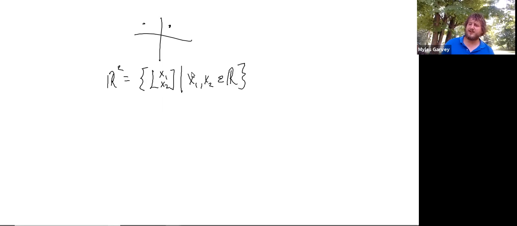The question is, can I take any point and convert that into a point in a different dimension or even the same dimension? And the answer is yes. So here's the idea. Suppose I just want to drop these points down to the real number line.